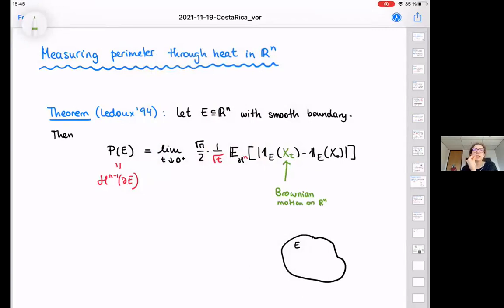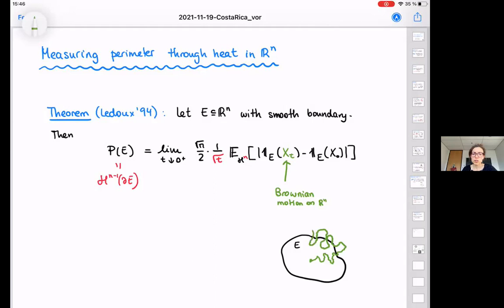Brownian motion is the mathematical model for the movement of a particle. Let's imagine a particle in R^n and we heat it. So we put some heat on it and then the particle starts moving, doing some random movement, and this random movement is described or characterized by a Brownian motion.